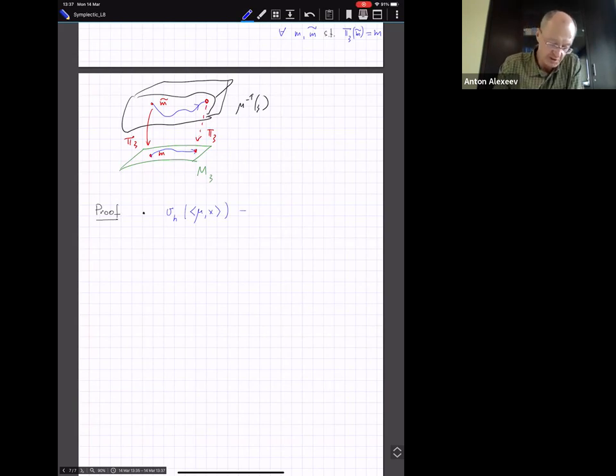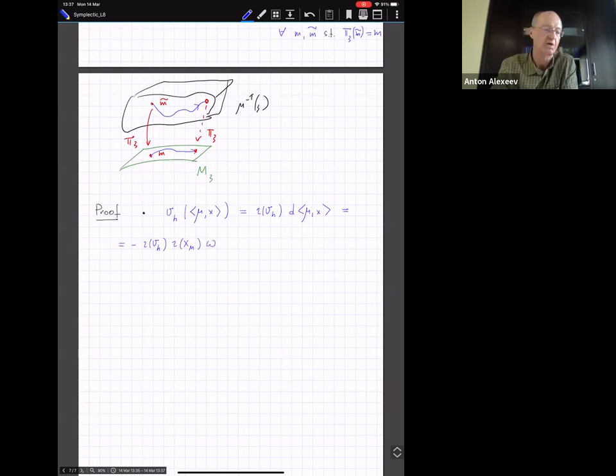That's the same as the contraction of VH with the differential of mu x, and by the moment map equation, it's the same as iota VH of iota x_M of omega.